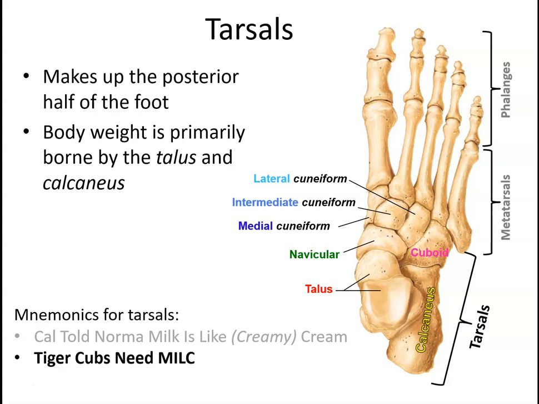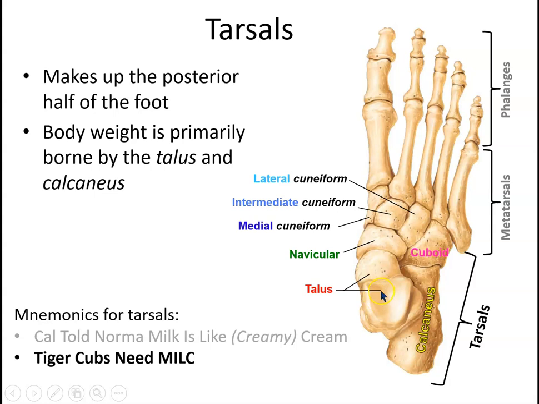But this one is funny because it's random. Who cares about tiger cubs? And milk is misspelled. How could you ever forget that they spelled milk wrong? So tiger cubs need milk. Okay, fine. Yes. Small mammals need milk. But you don't spell it like that. So that's how I can never forget this mnemonic device.